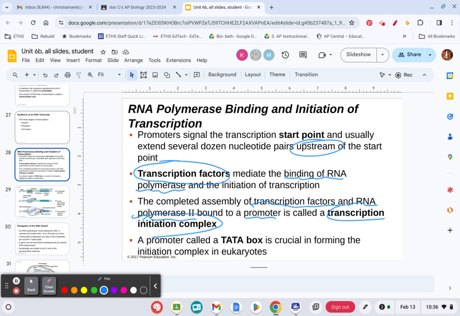The promoter consists of a sequence of repeating TA, TA. So it's sometimes called the TATA box. TATA box. Okay.